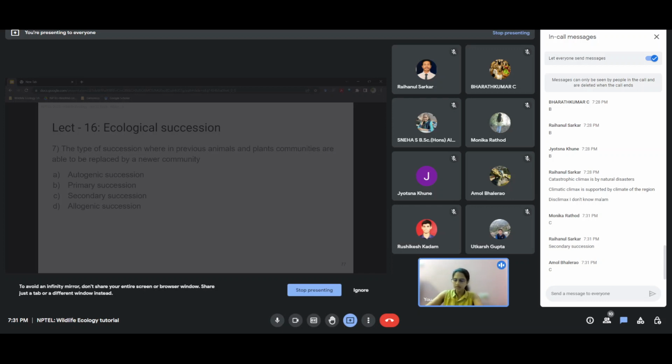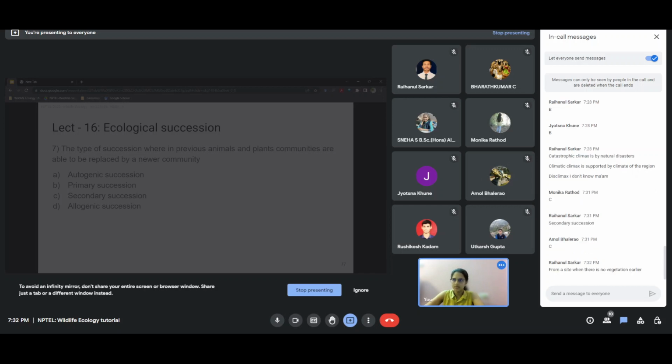Can someone tell me the difference between primary succession and secondary succession? Primary succession occurs on barren land, where previous life does not exist. Yeah, absolutely right.